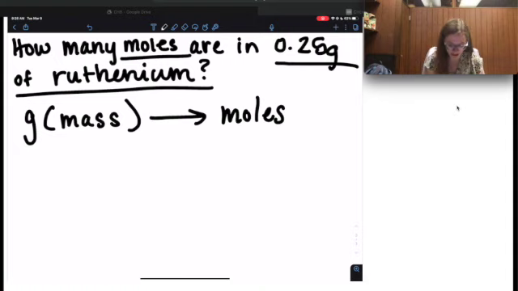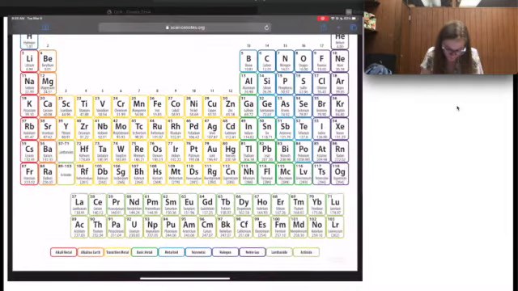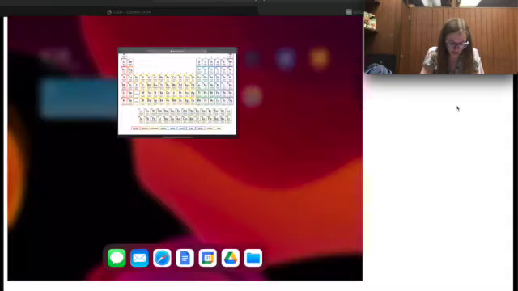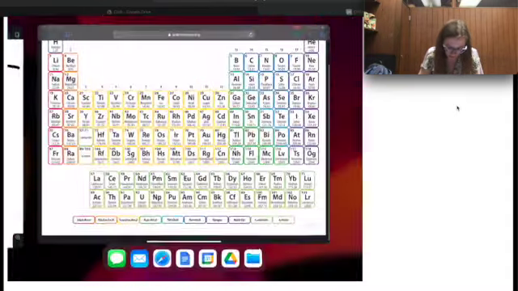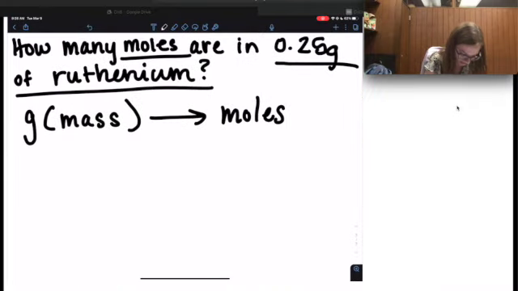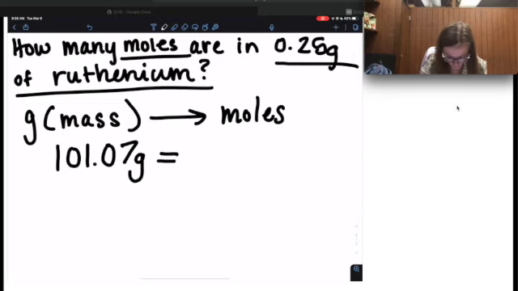Let's go ahead and check that out. If I go to my periodic table, I find that ruthenium has a molar mass of 101.07. So that's 101.07 grams per mole, or 101.07 grams for every 1 mole.